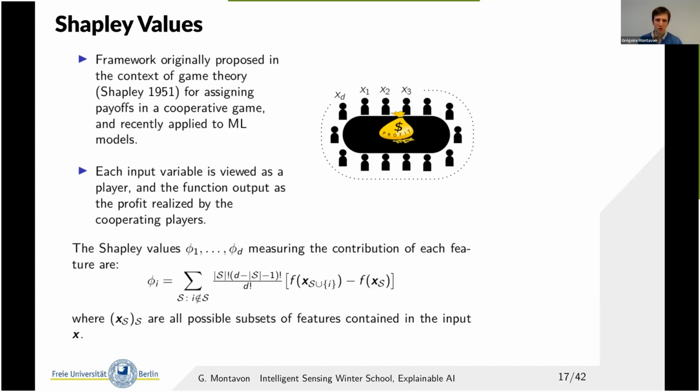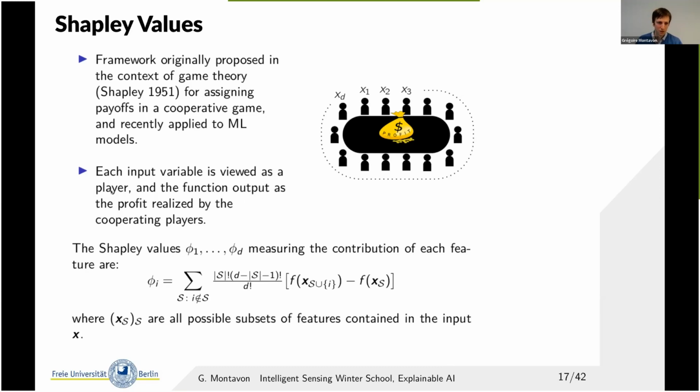Okay, so let's start with Shapley value. In fact, Shapley value has a very long history. It was first proposed in the 1950s by Shapley in the context of game theory. Basically, the problem was: if you have some players that have played some game together and as a result obtain some profit, how should they share the profits between each other?